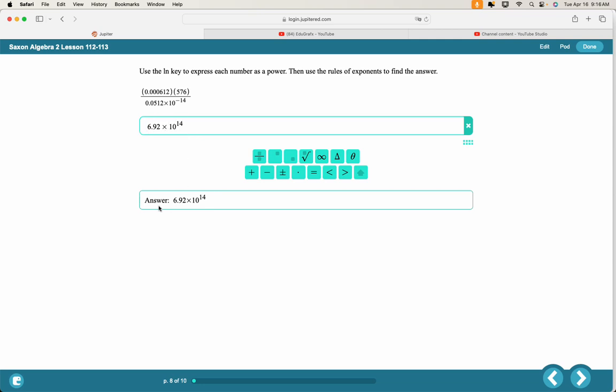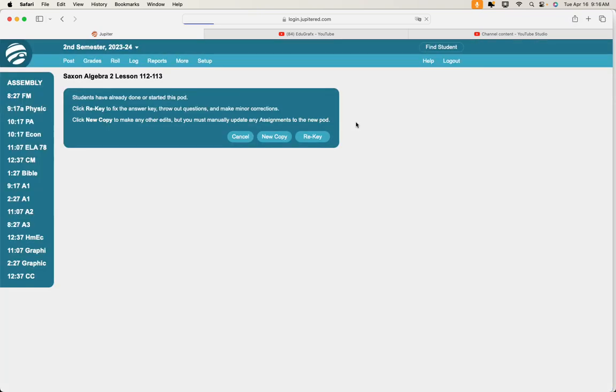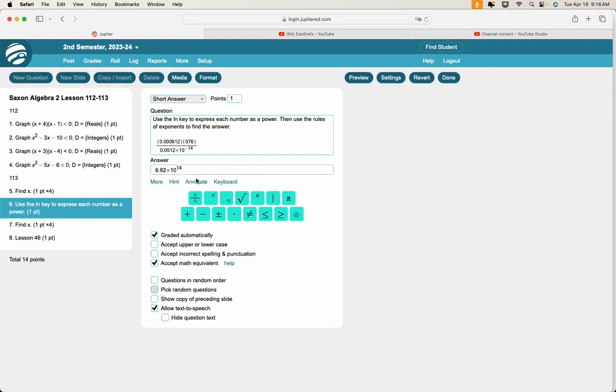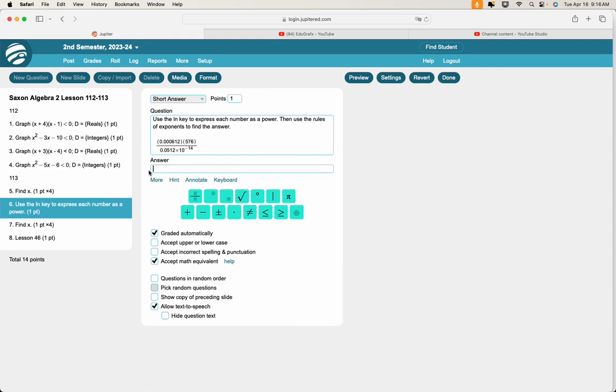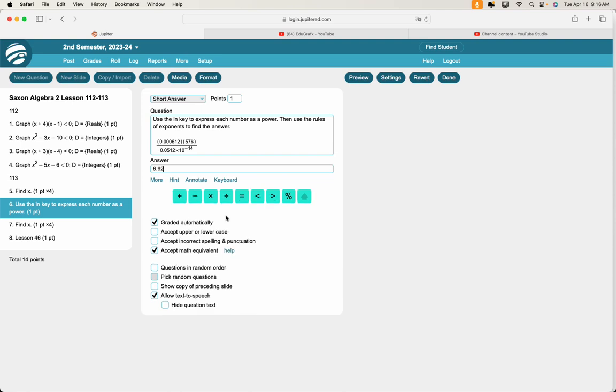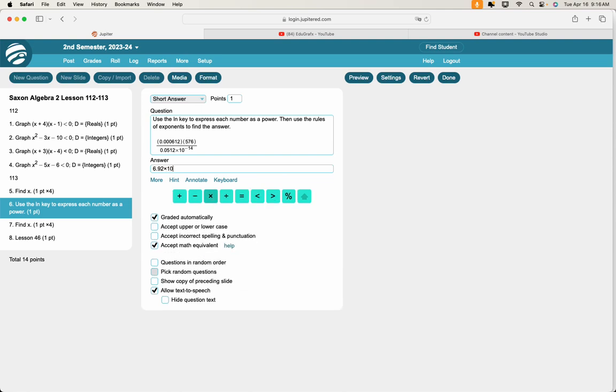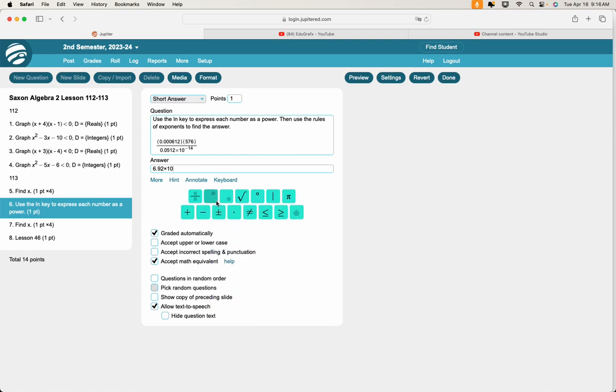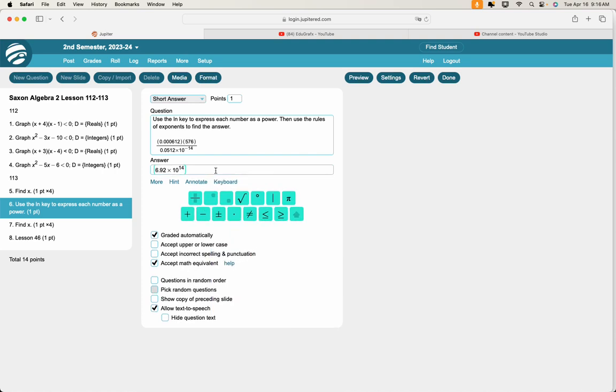So if you were to put that in, it's probably just not accepting the math. Let me check it and see. No, it's accepting the math. Let me retype it just to make sure, because I want students to be able to take that. 6.92 times 10 to the 14.